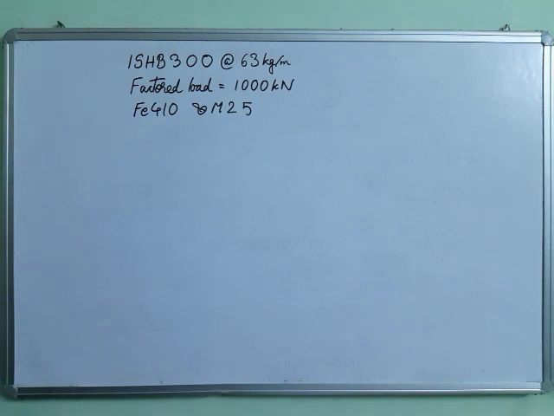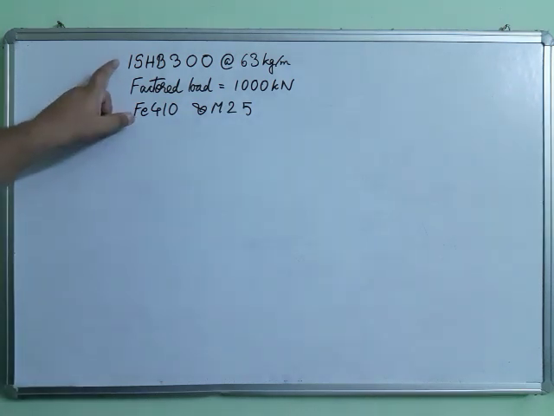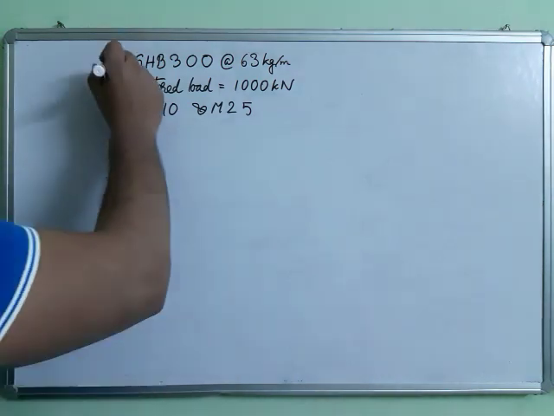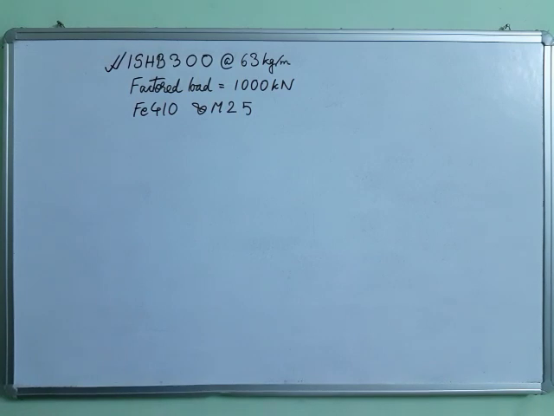Now, first of all, what you have to do is look for this in the steel table, and write down the area, then all the dimension values of the web, the flange, the height of the section, all those things you write down. Moment of inertia values also you write down.